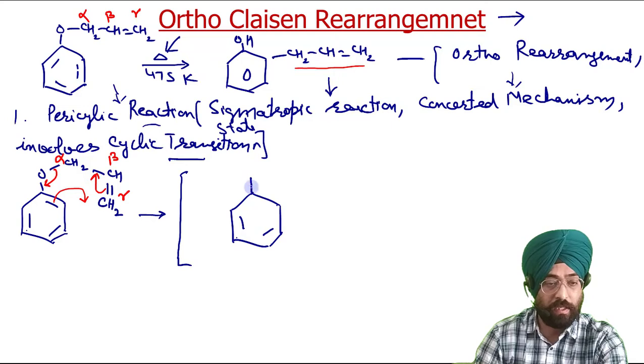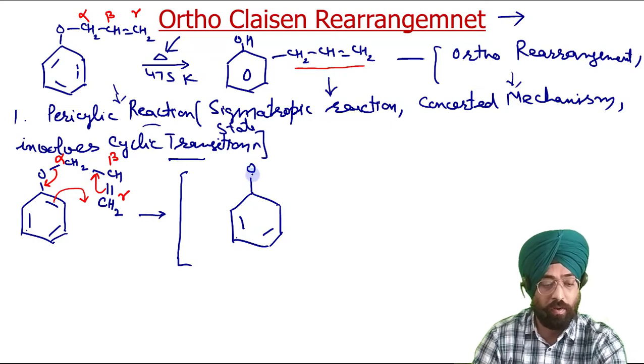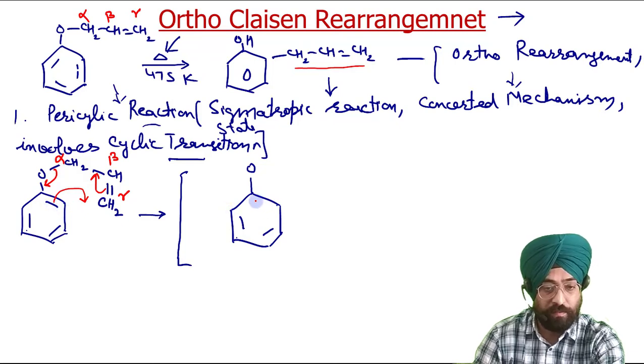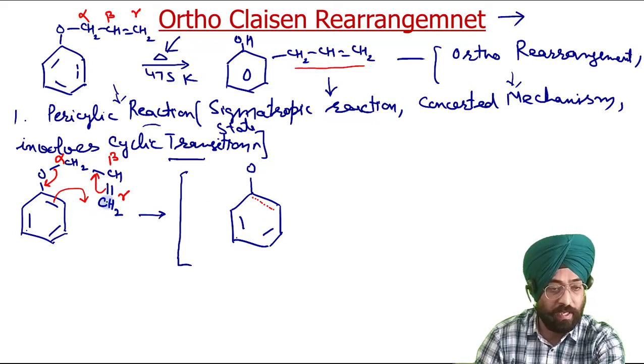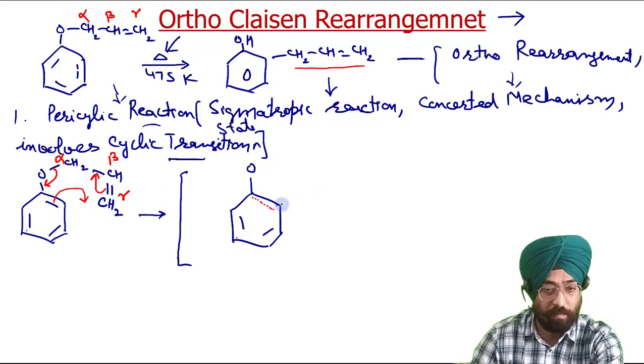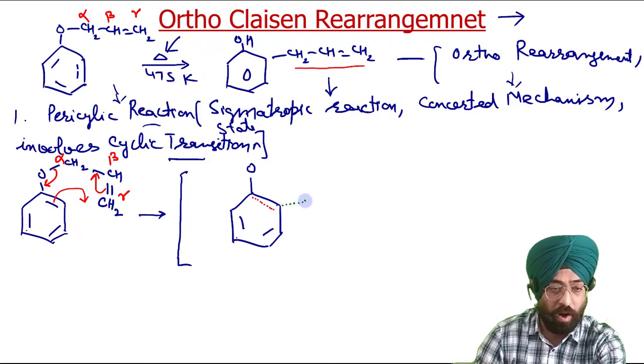Now there is nothing with a single bond. Now this bond is getting cleaved, so I will just show it red, and the bond that is being formed I will show by green color. Now here is a new bond formation, carbon carbon bond formation. This bond is being formed.